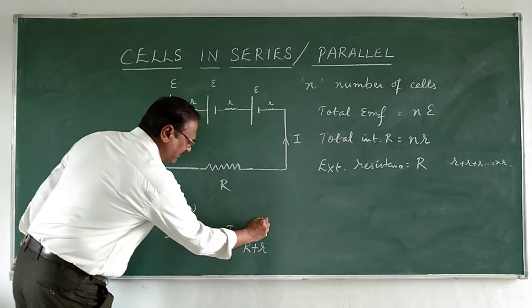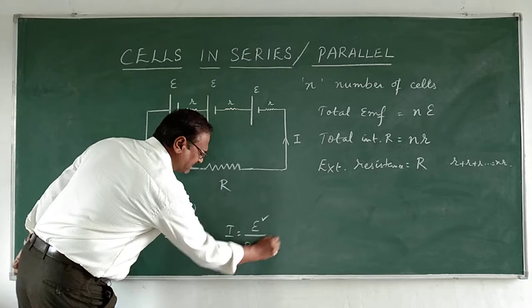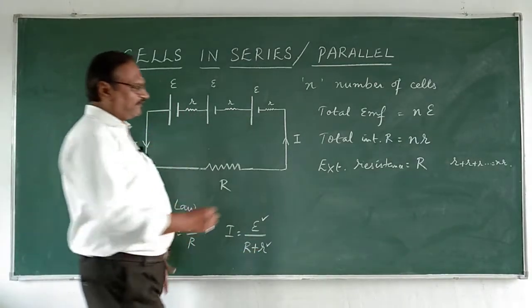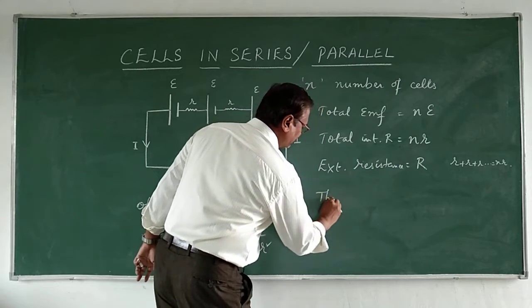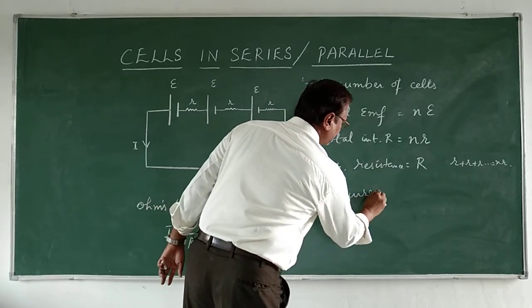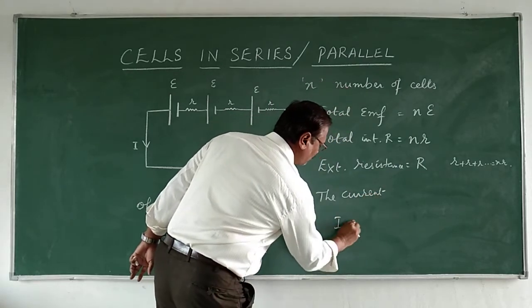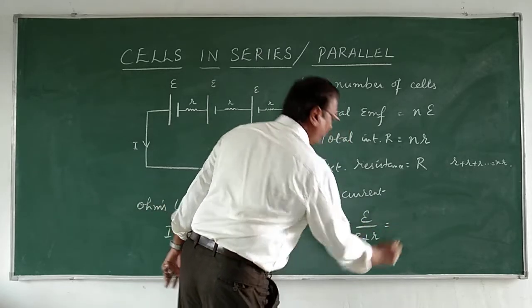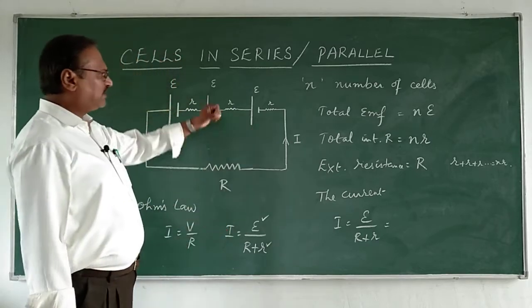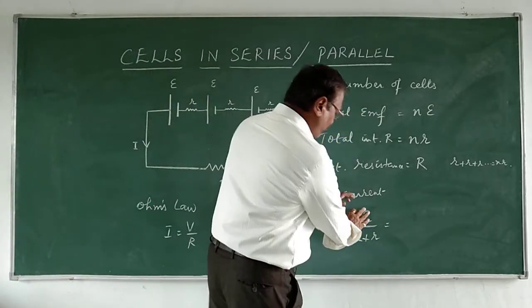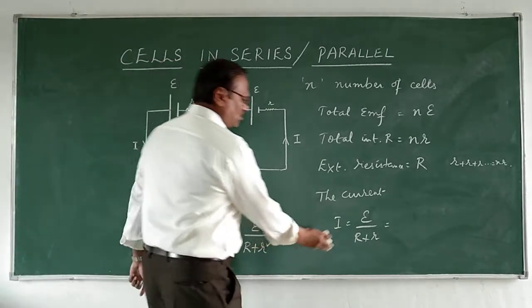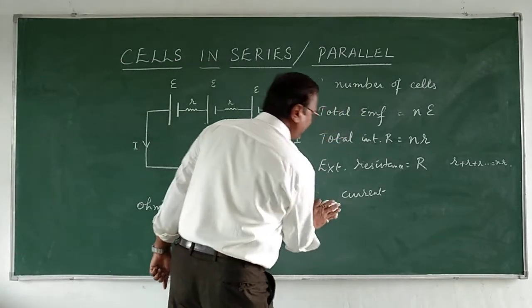Whenever it is EMF, then internal resistance should be taken into account. So from this formula, the current is given by I is equal to epsilon upon R plus small r. Now in this case, what is the total EMF? So if I put it like this, sometime it may cause confusion in your mind. So I will just write it like this.